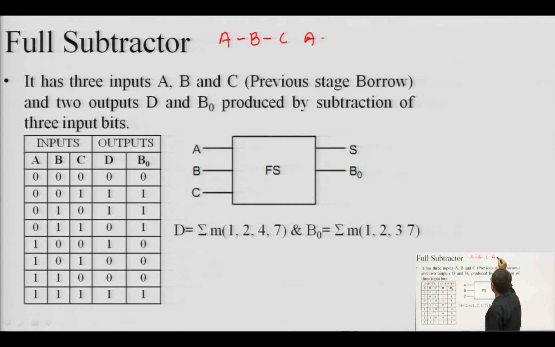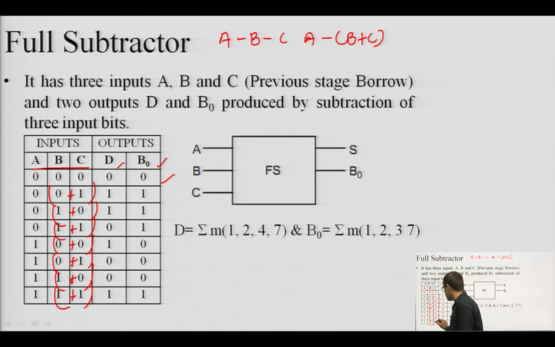So, 0 minus 0, simple case, difference is 0, borrow is 0. 0 minus 0 minus 1, ultimately 0 minus 1. So, these two are to be added, and then the sum is to be subtracted from there. We have to compute this. So, 0 minus 1, difference 1, borrow 1.